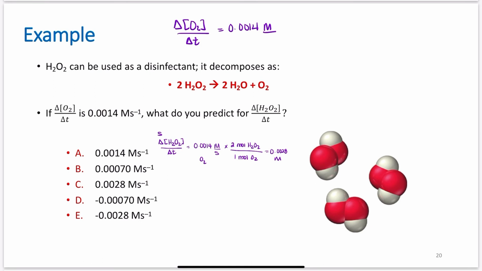But is that really the correct answer? The value is right. The sign is incorrect. We need to put a negative sign in front because it's a reactant. It's being consumed. So the answer here is E, negative 0.0028 molar per second.